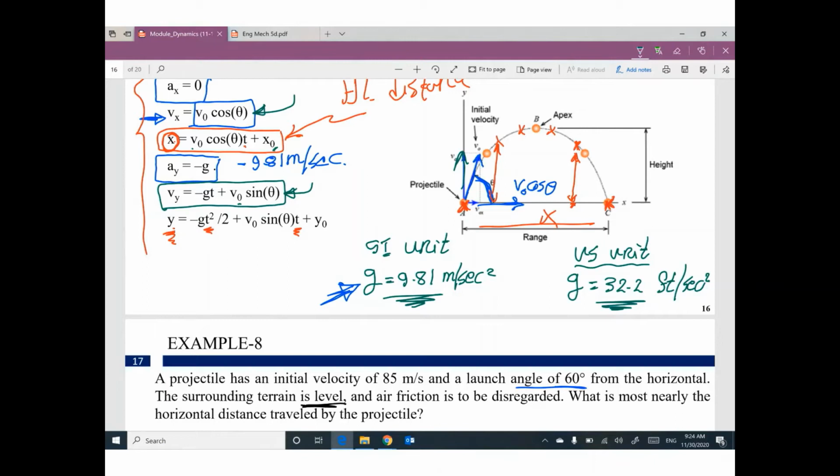We have a big issue here. Do you know what is the time t? No, we don't know what is the time t required for this projectile to reach the destination. So we have a big issue here. How can we solve this issue?